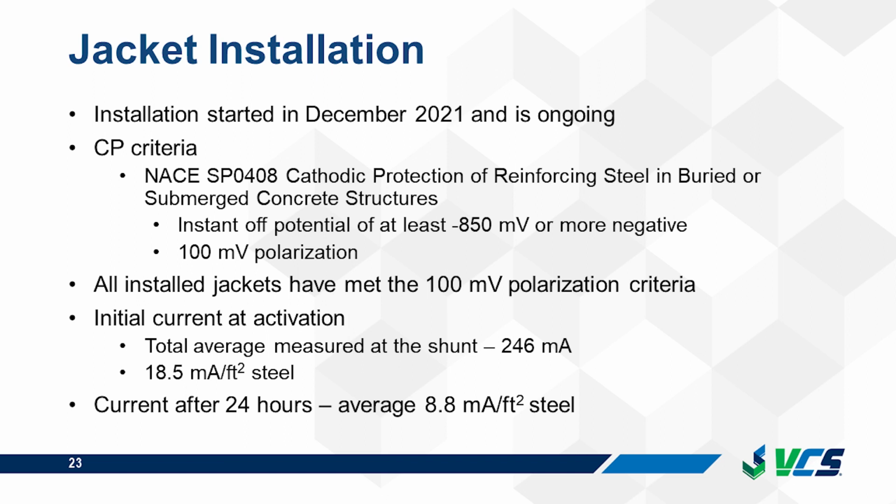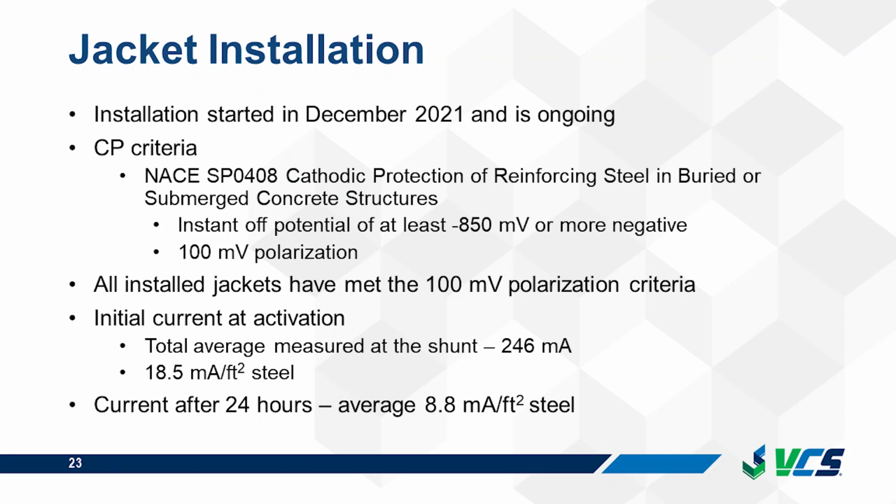We also measured the current at each jacket. So initially, which is immediately after activation, and then after 24 hours. So the total average current measured at the shunt was 246 milliamps, but because the piles were all different lengths, a much better way to look at it, and this can provide comparison to CP criteria, is looking at it in terms of milliamps per square foot.